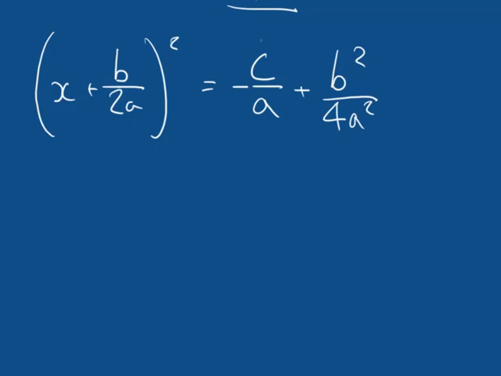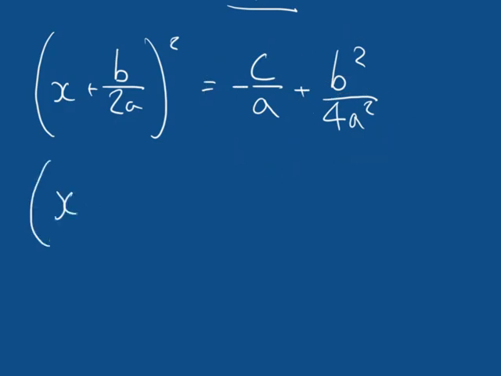So if I was to take minus c over a, and I was to multiply it by 4a, and divide it by 4a, I wouldn't change the value of this fraction in terms of its actual numerical value, but what I would be able to do is if I divided by 4a, I'd actually get a result of divided by 4a squared. That's the same as this guy, and it allows everything to combine together.